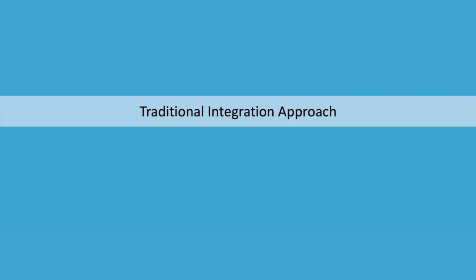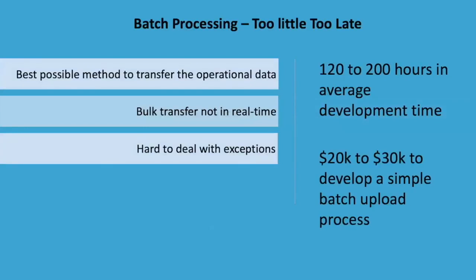So what is the traditional integration approach? This is definitely not a new topic. We've been doing this for several decades now. But the traditional approach is, one, batch processing, which is a very popular method and a very effective method also.